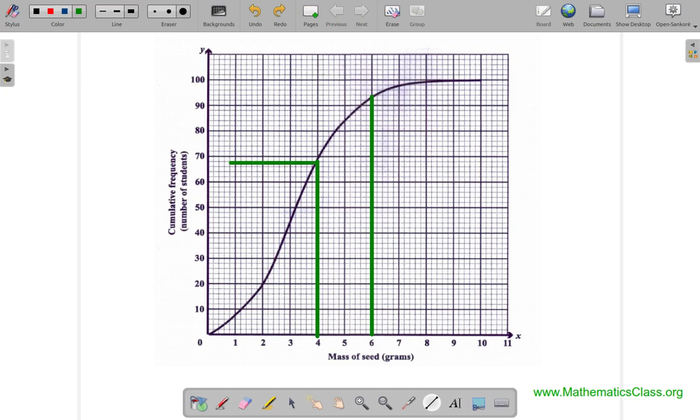Let's go across now from 4. It looks like about 68. From 6 to the curve and going across, like 94. Could be. So the difference in height here is about 94 minus 68. That looks like around 26.